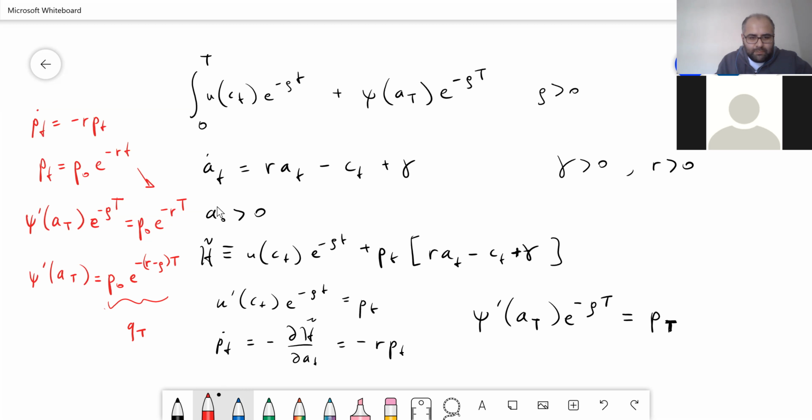Well, remember, we have this. If this is the present value, this will be the current value, right? I apply the formula conversely. So if I write q dot t by the product rule, what do I have?